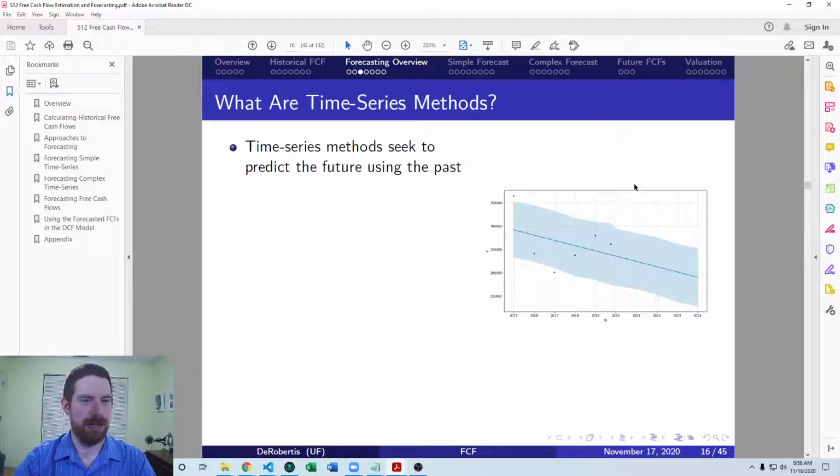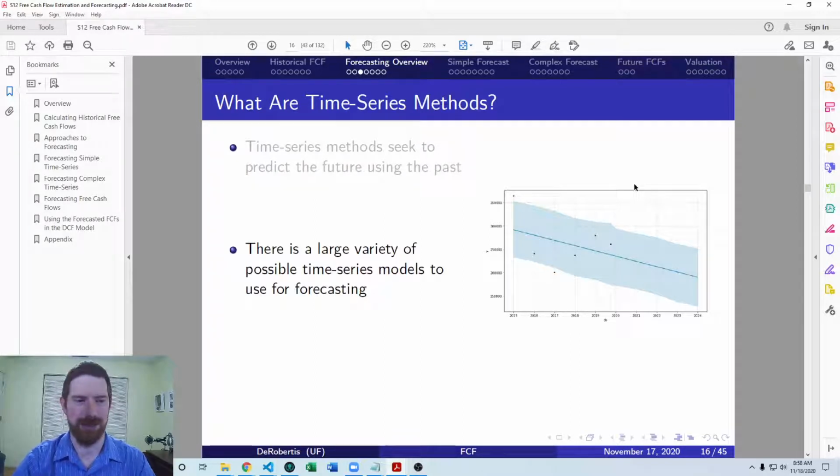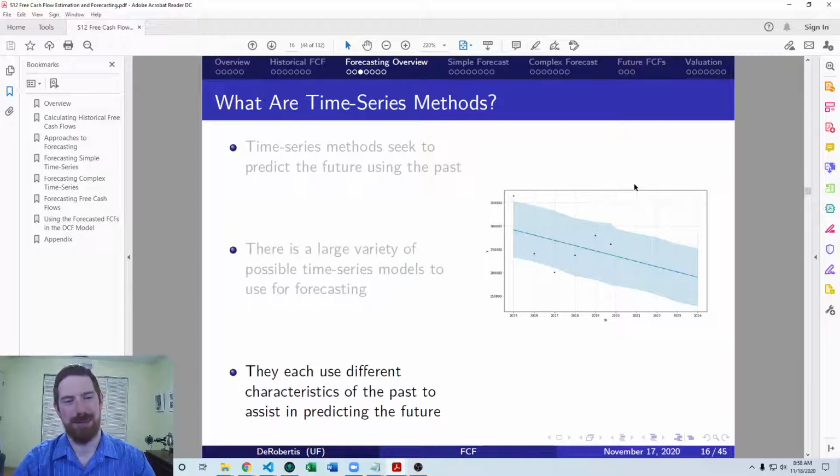So looking a little more at what these time series methods are, again, we are trying to predict the future using past information. And there are a lot of possible models that we can use. But the defining characteristic of all of them is that they're using something about the past in order to predict the future.